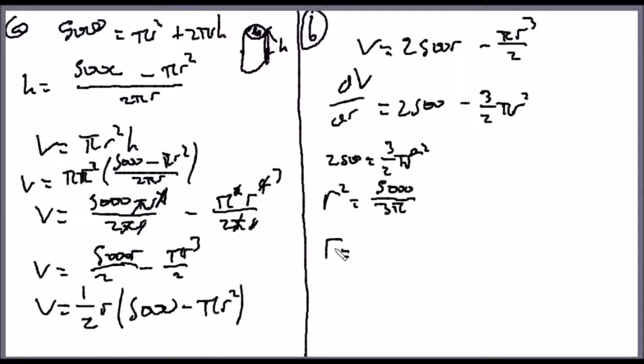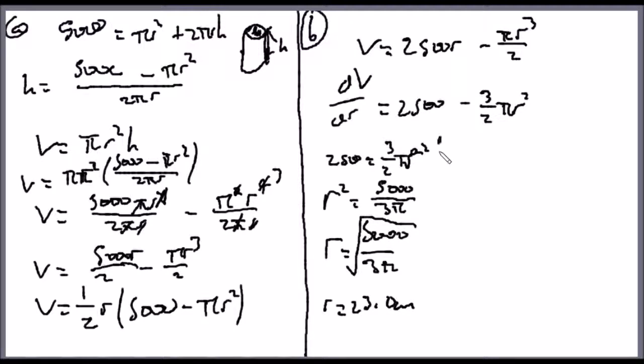R equals, I'll just calculate this quickly, the square root of 5,000 over 3 pi. And that equals 23.0 centimeters.